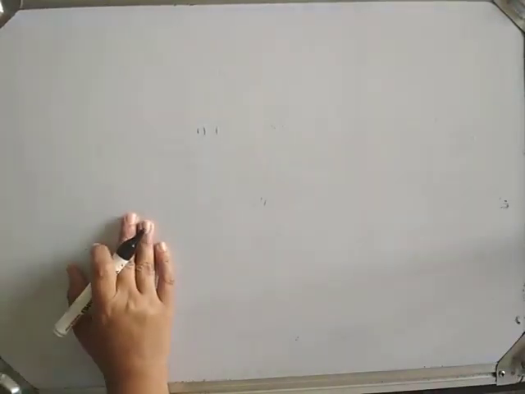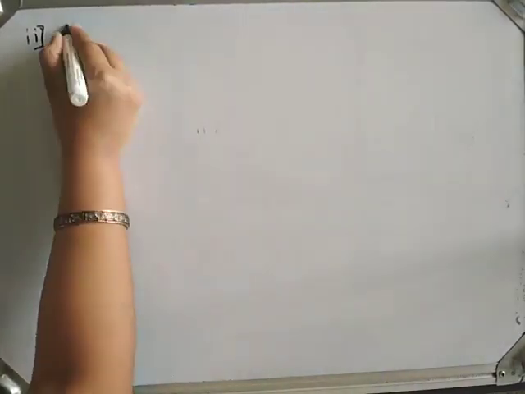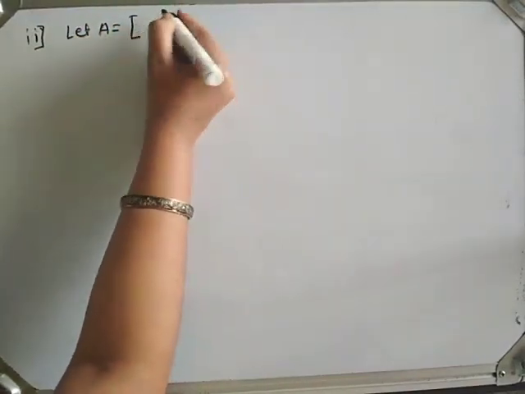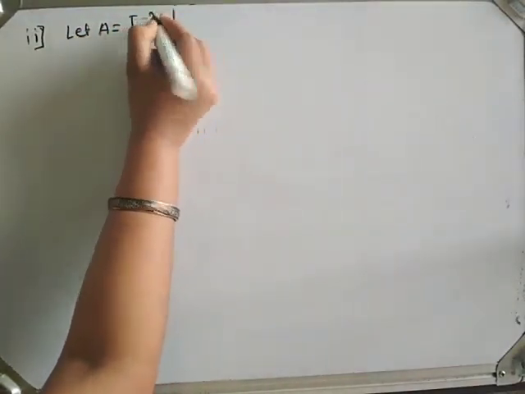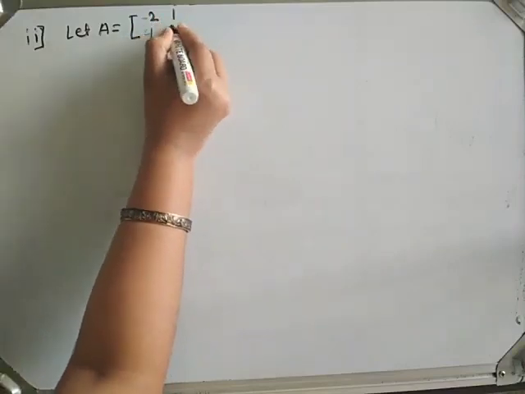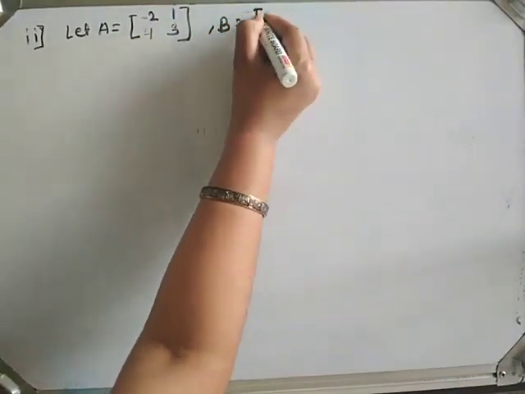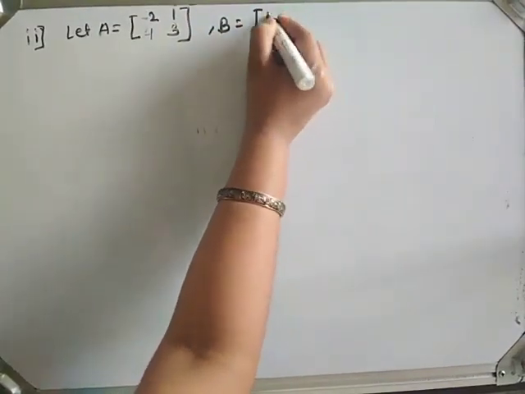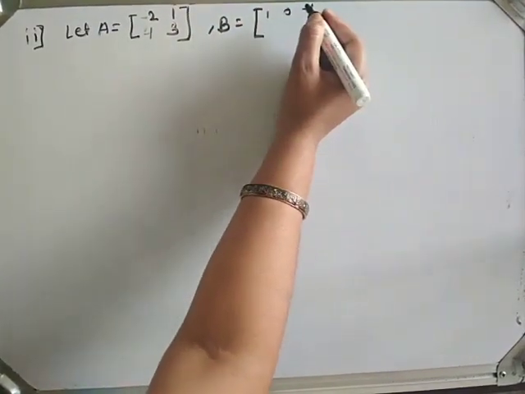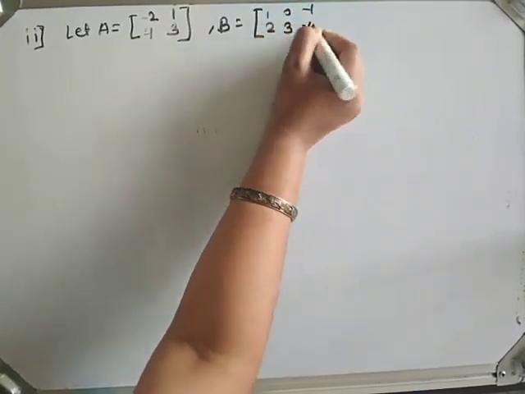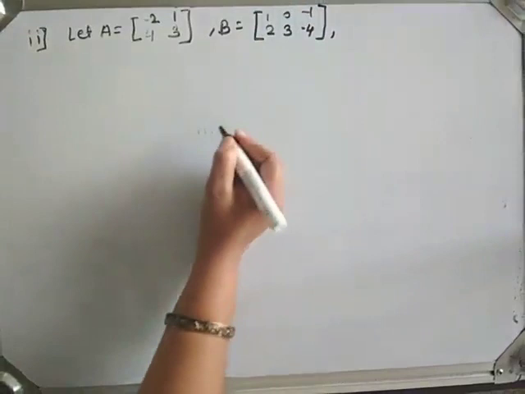Let us take a second example. Let A is equals to matrix minus 2, 1, 4, 3. B is equals to matrix 1, 0, minus 1, 2, 3, minus 4.